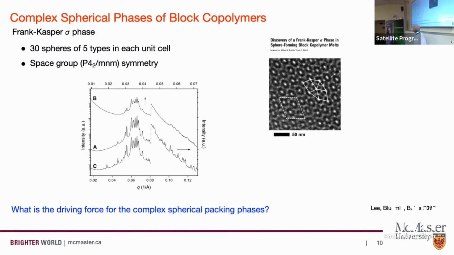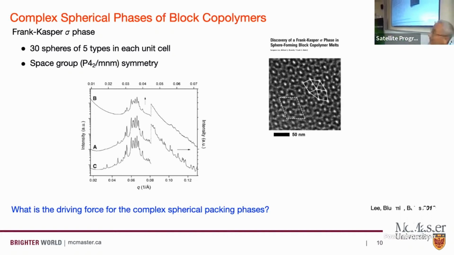But then they thought this could be a mistake, could be a bad sample, could be non-equilibrium. So they annealed the sample. This curve is when they annealed the sample for about a month, and it's still there. So then they thought it was real, and they tried to figure out what it is.